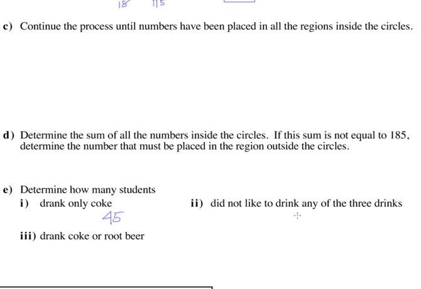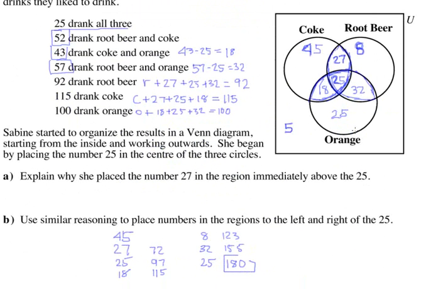Don't like any of those 3 things. We just talked about them. Those are the 5 people who are outside all the circles. And drink Coke or root beer. Coke or root beer would mean that you're in... That's too dark, sorry. Okay, we'll just work with it without doing the shading. If you're in the Coke circle or you're in the root beer circle, that's everybody in this circle, everybody in this circle. We could add up all those numbers, but I'm feeling lazy, so let's do it in an efficient way.